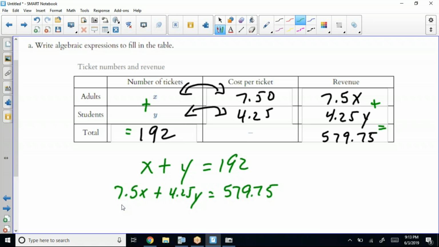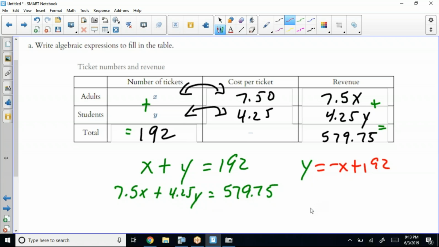You can do this on the calculator other ways, reduced row echelon form or anything like that, but for simplistic purposes, to carry on what we've been doing, you would just take this and move the x over. So let me grab a different y: y equals negative x plus 192. That'd go in y1.